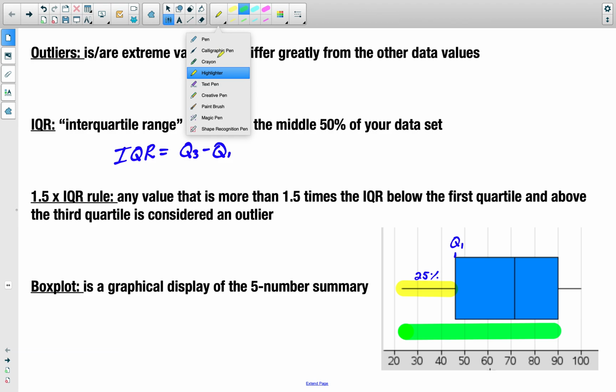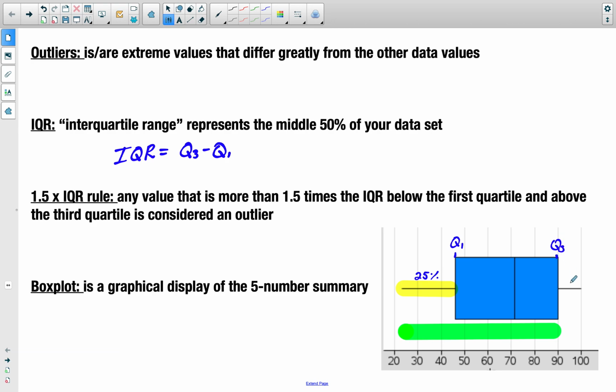So values starting at about 22 all the way up to 90 would be quartile 3, which would be the end of my box in my box and whisker plot. So that's 75% of my data lying within that range. And then the remaining 25% would be from your quartile 3 to your max.